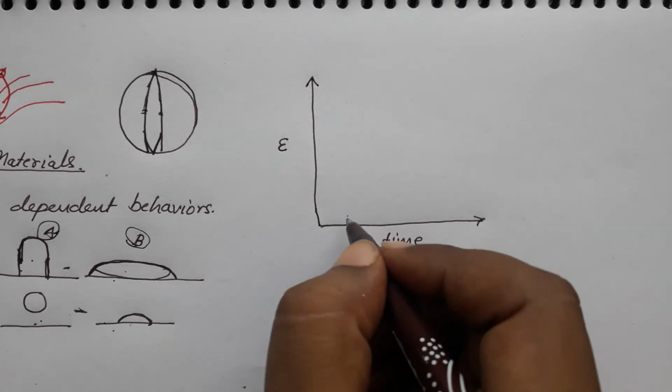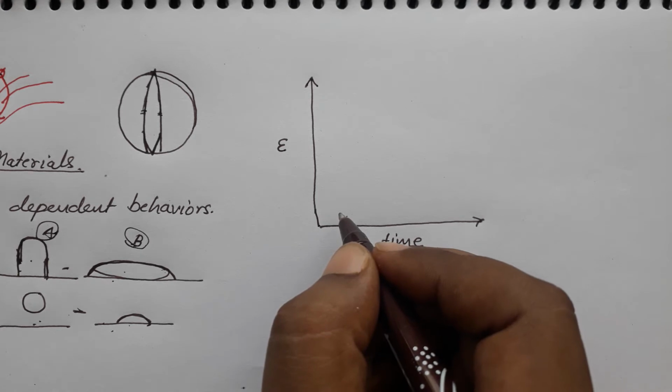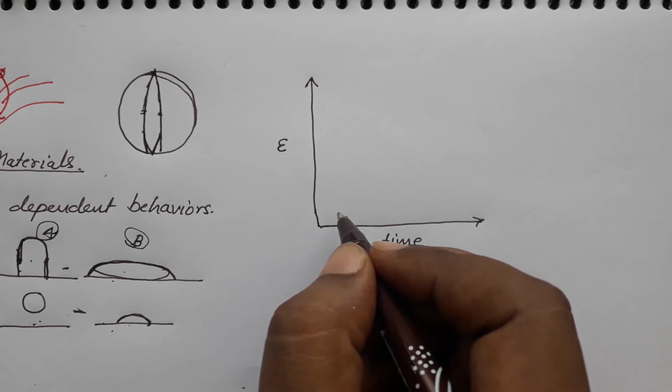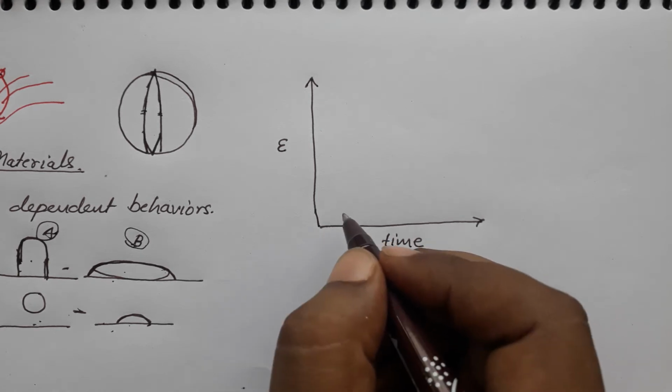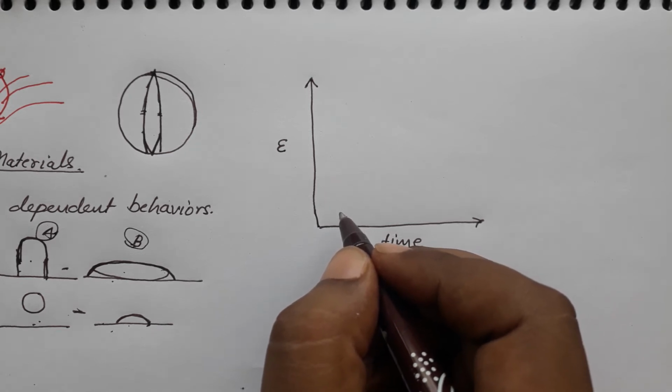So, at a very instant, I just take a piece of wire or a chain, and I put a heavy block of, let us say, 20 kilogram on that, and I just hang it.